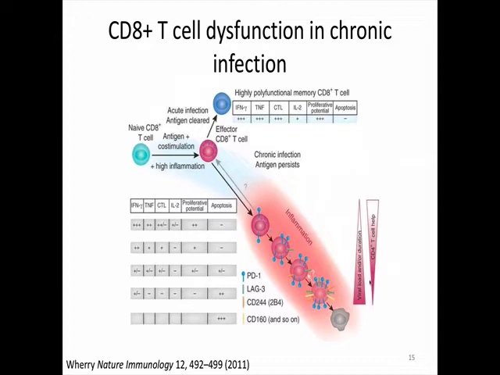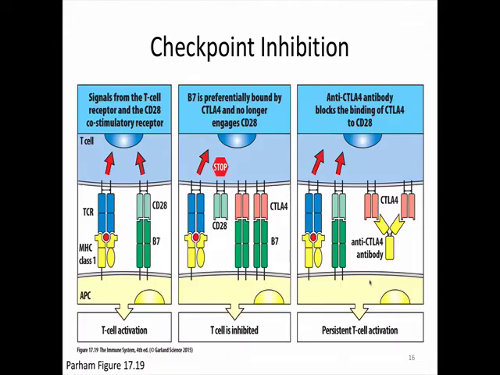The Nobel Prize this year was awarded to two scientists who were dealing with these exact molecules. One of them was a person named Jim Allison, who came up with the first idea of checkpoint inhibition. Basically what he did is he designed an antibody against CTLA4 so that CTLA4 is blocked and we can never turn off a T cell.